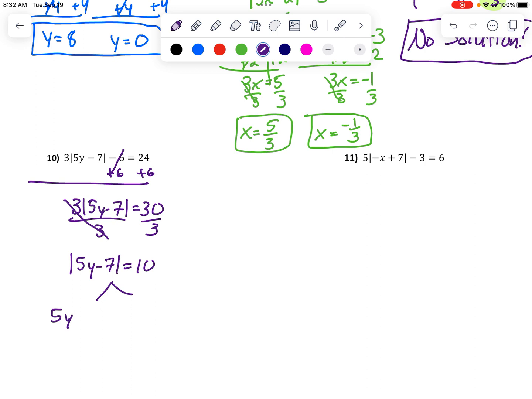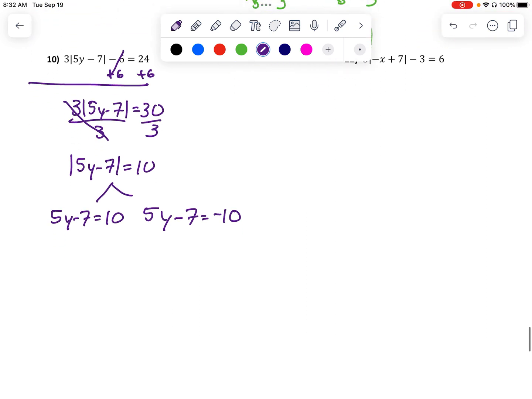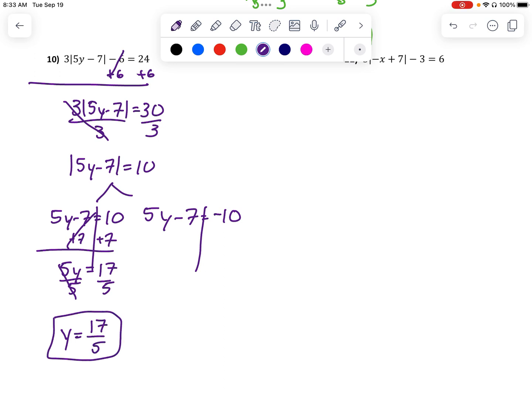So 5y minus 7 equals positive 10, and 5y minus 7 equals negative 10. So we can add 7 to both sides. So 5y equals 17. Divide by 5. Oh, we're going to get another fraction, so you can't divide 17 by 5, so it's going to stay 17 over 5.